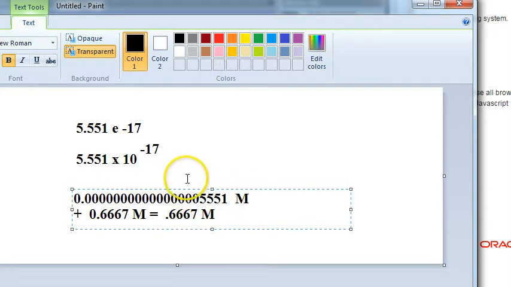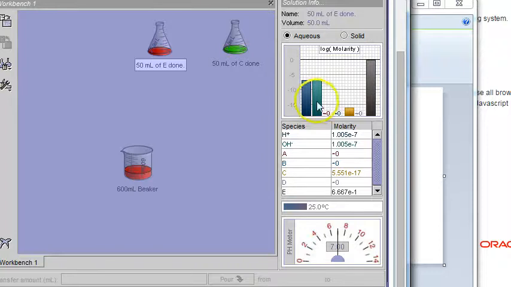Basically, if you end up with any solution that has components other than the ones you wanted, A, B, C, D, or E, and those other components are less than E minus 7, then you're fine. You can just keep those in there. In fact, if they're less than even E minus 5, you can keep them in there. Okay?